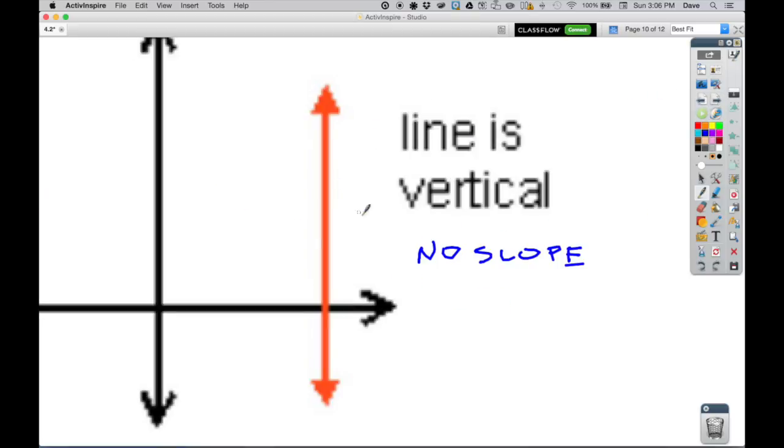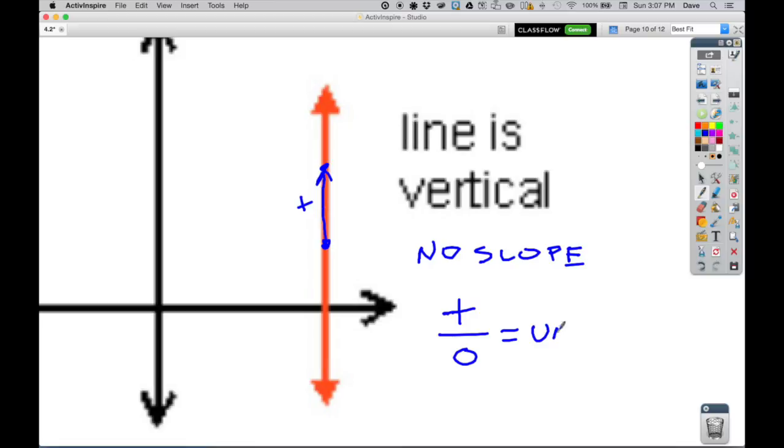Okay, and here's why it's no slope. If I again pick 2 points, the rise is going to be some number, but then I have no run number. I don't need to run across left or right because I'm directly above the original point. So the math would look like this, some number divided by 0. Okay, but what we've learned in math, that anytime you're doing fractions and you're dividing by 0, this is illegal.